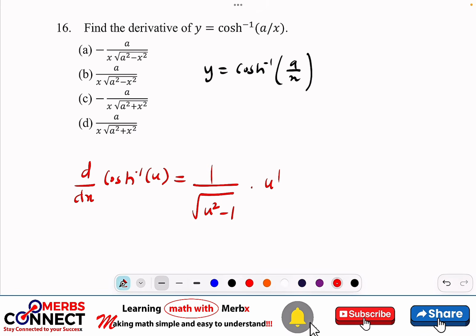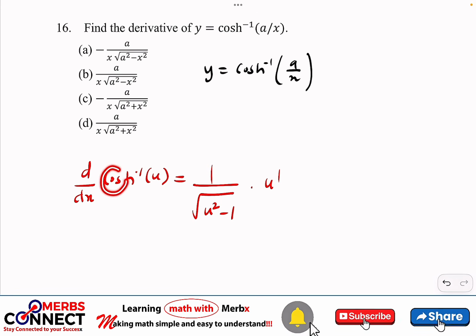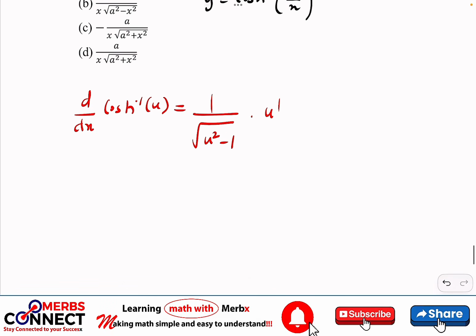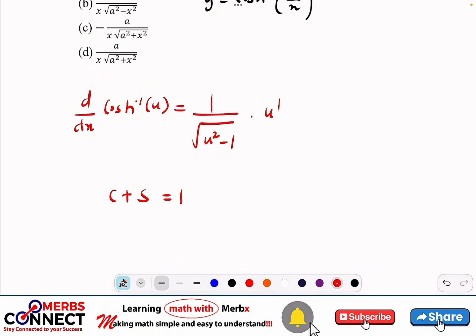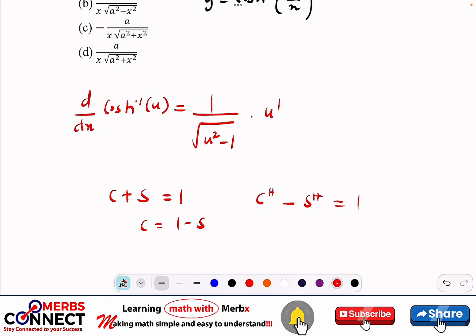Yes, this is true, because when it is the sine function, we have 1 minus u squared. We know from the identity that cos plus sine is equal to 1. So when you move this one here, you are going to have 1 minus sine. But for the hyperbolic functions, it is cos minus sine, I think, is equal to 1.